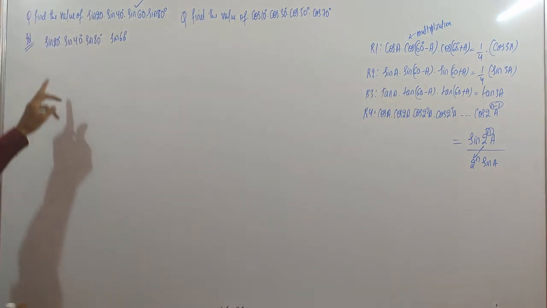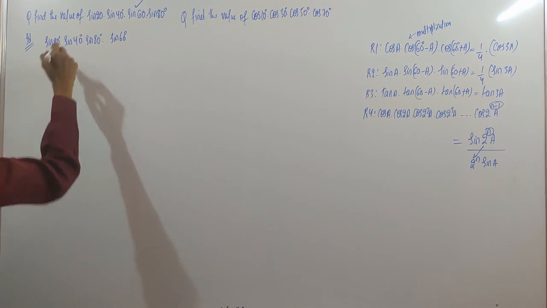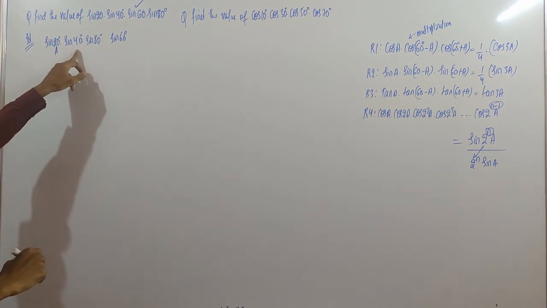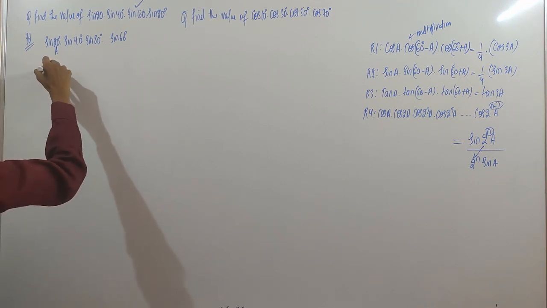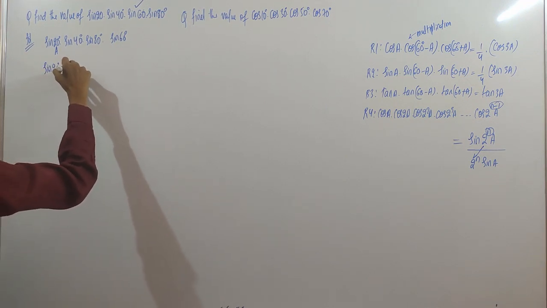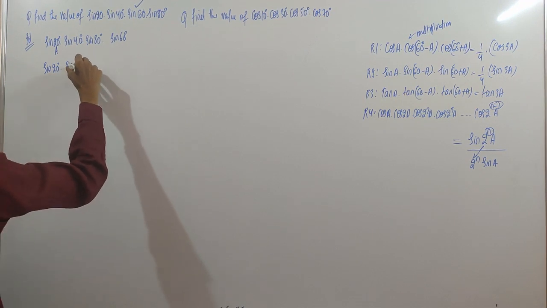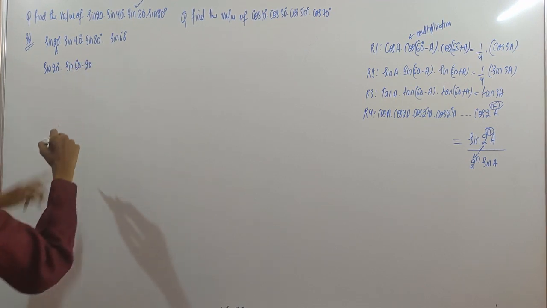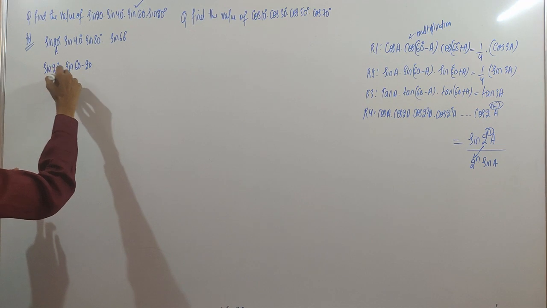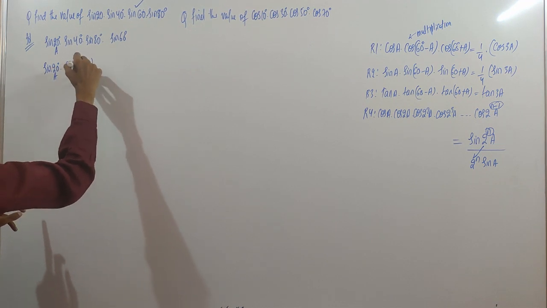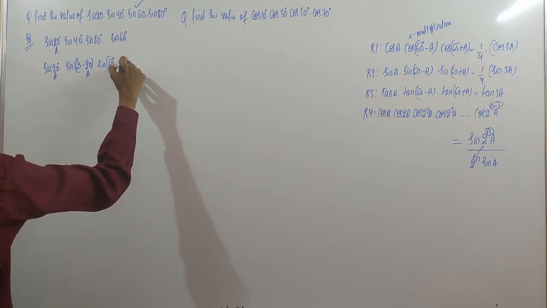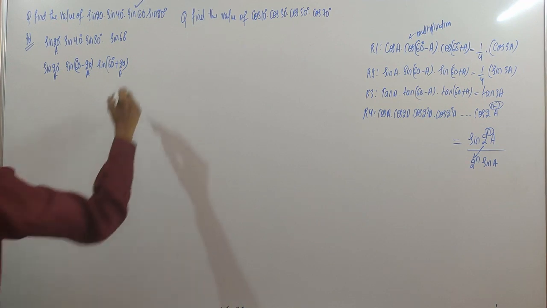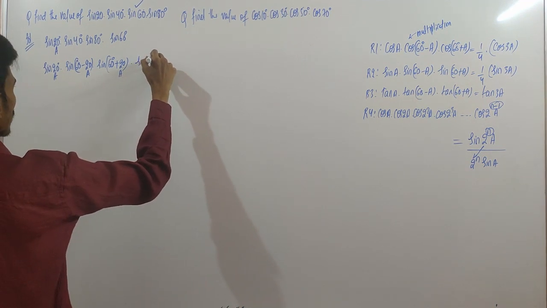Consider this A: sine A, sine(60 minus A), sine(60 plus A). So sine 20, sine 40 can be written as 60 minus 20, sine(60 minus A) into sine(60 plus A), 60 plus 20, into sine 60.